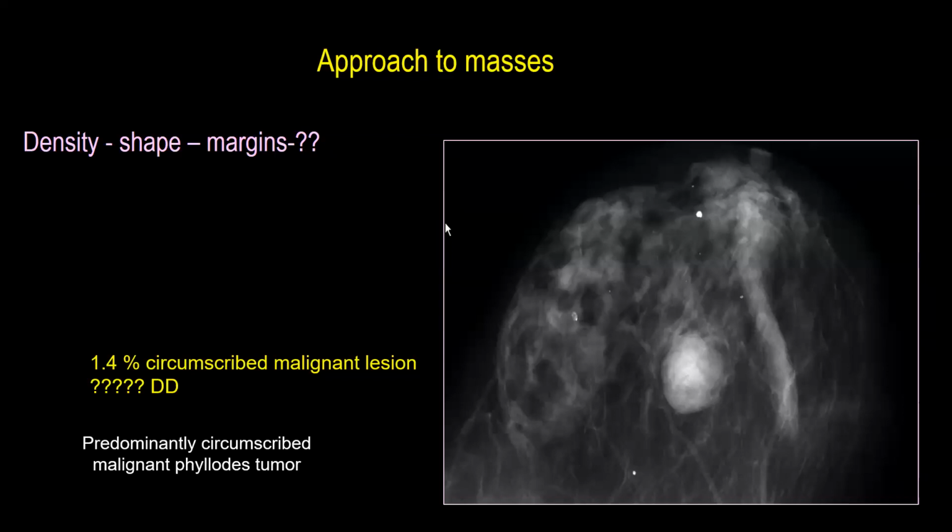So the specified types of ductal carcinoma that can present as circumscribed are three of them, two of them in the group of M, and the third one is the papillary. And then the remainder is the ductal carcinoma itself.